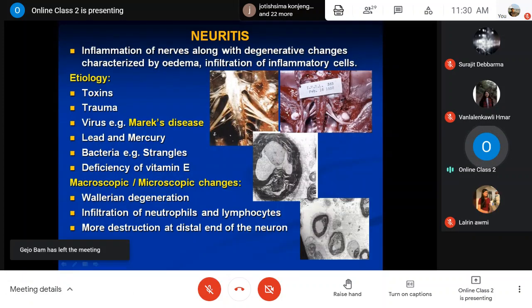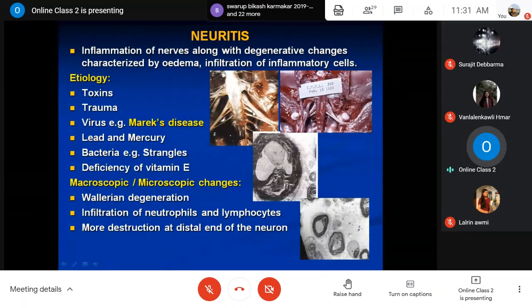And this photograph I am showing you is of Marek disease in poultry birds, mainly poultry. Here you can see the brachial plexus and the sciatic plexus, with the sciatic nerves going towards the two limbs.